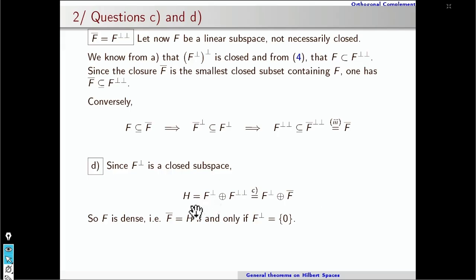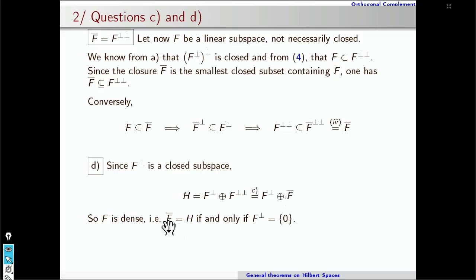And last point, let us consider the decomposition of H as a direct sum of this closed subspace and its orthogonal complement by the point C. F orthogonal is equal to the closure of F orthogonal. So we have this decomposition.